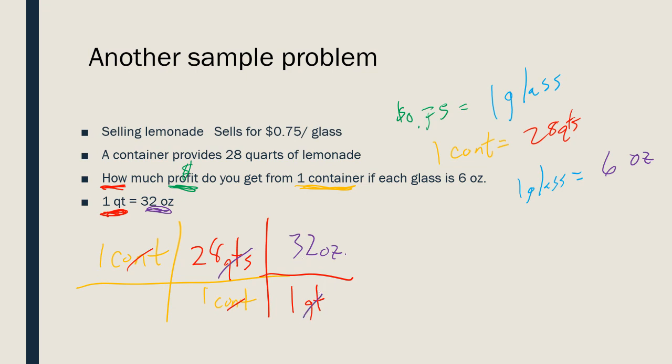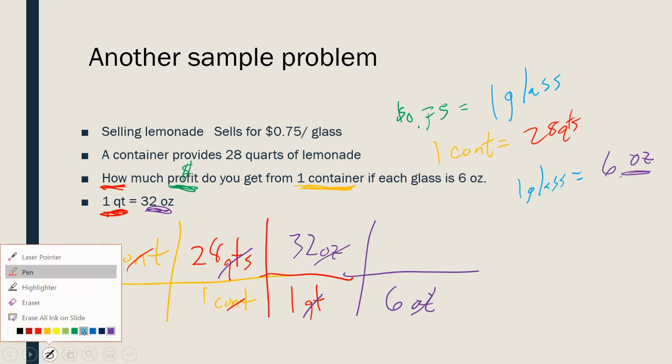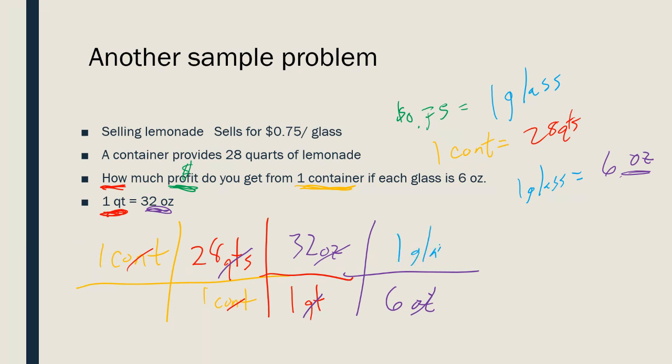And then I now have ounces. Here's ounces. So I'm going to want to put 6 ounces at the bottom so those cancel. And then that's for 1 glass. And now I want to cancel glass. And I'm going to use this one right here. That 1 glass is 75 cents. Let's get rid of glass.